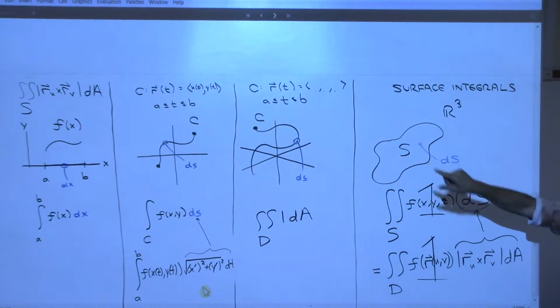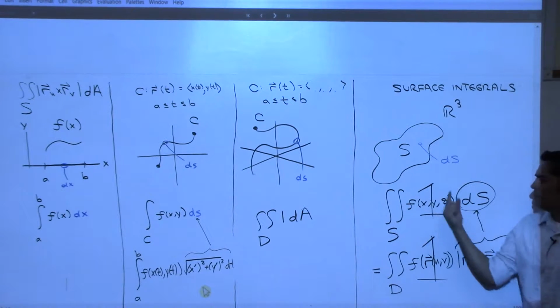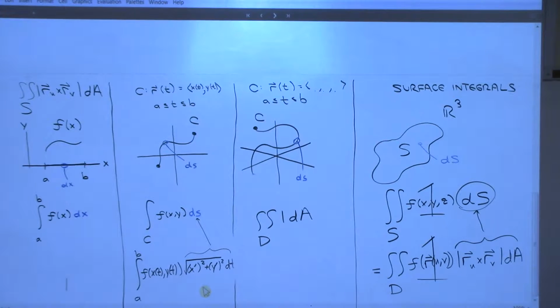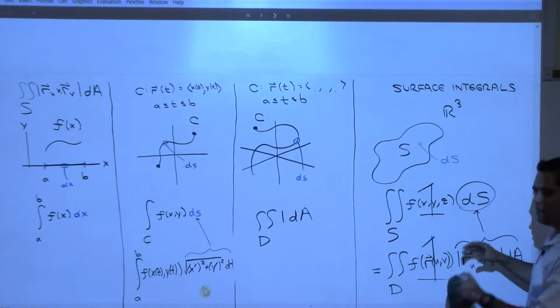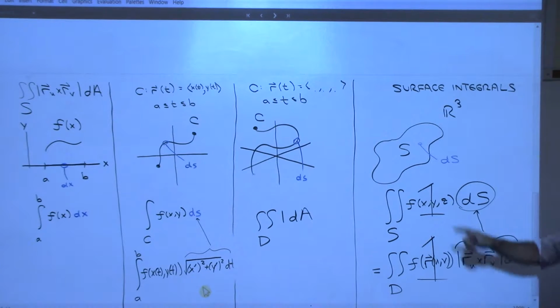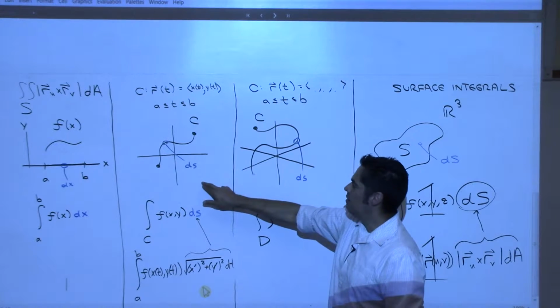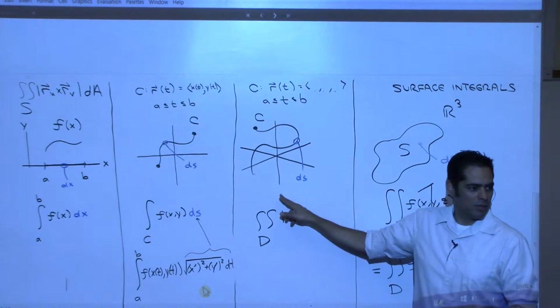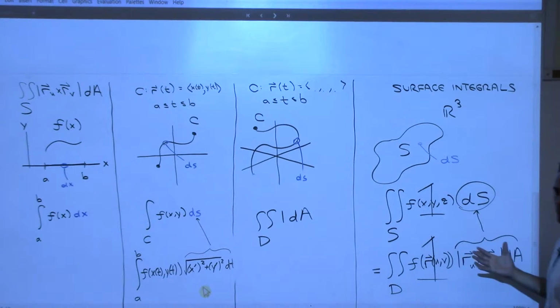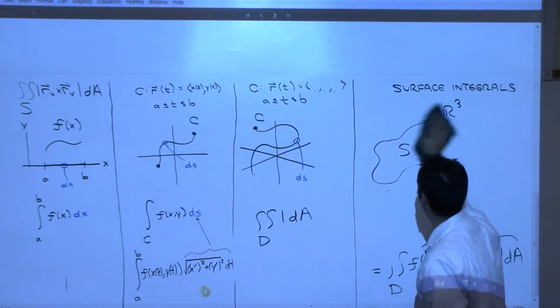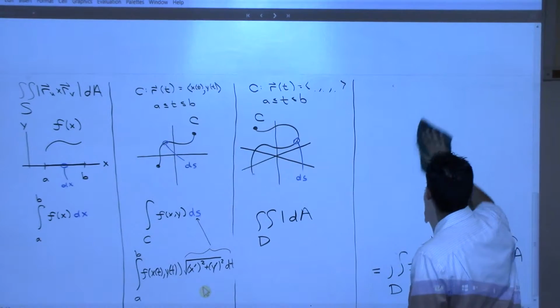Do you see that? Now what we're doing is we're not allowing this to be a 1, we're allowing that to be a scalar function. Now we cannot visualize what this is. It's not the area of a curtain like it was over there. Over here we lost our ability to visualize it, and for here we definitely lose the ability also. Okay? You all right with this? All right, that's where we're headed today. We want to just do basic surface integrals.